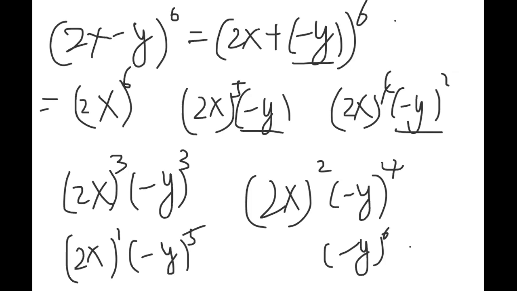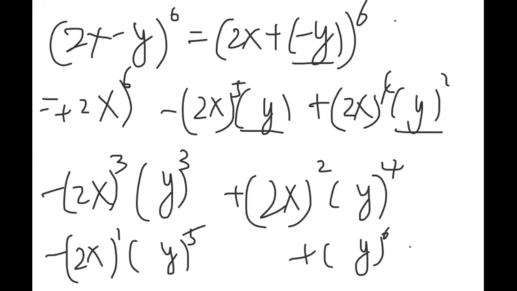So in general, the signs should be alternating, meaning you have positive, negative, positive, negative, positive, negative, and then finally positive, the last term. Right? The sign is alternating, and the coefficient here is determined by the binomial.